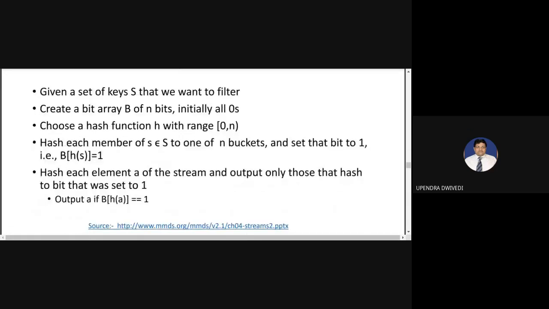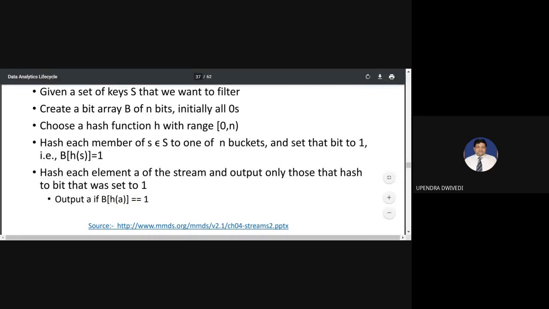We had discussed a small solution for that, where, given a set of keys S, the set of preferences provided by the users, we want to filter from the whole stream. So we have to finalize this set of keys.